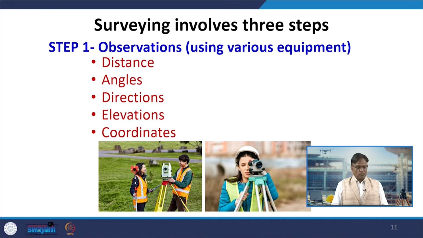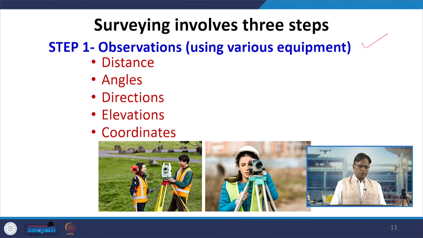Basically, surveying involves three important steps. Step 1 is the observations. We are taking observations using various kinds of equipment. Today we have a very large number of equipment, which we will discuss in a subsequent lecture. So what do we do when we take observations?